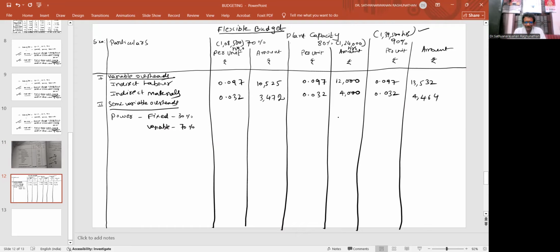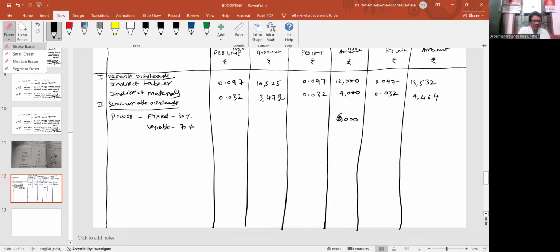Now 20,000. For 80% capacity, you have to put it in the amount column towards the fixed 20,000 into 30%. 6,000.